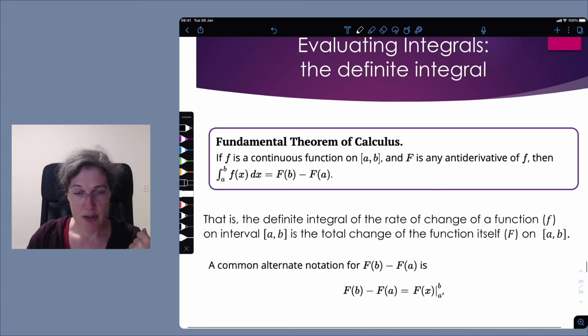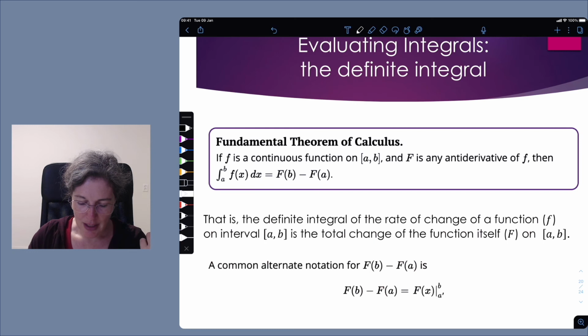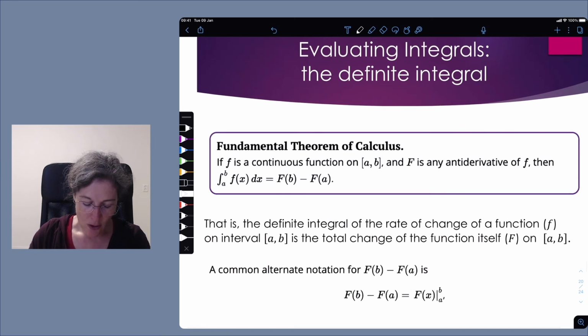Okay, so I promised that you wouldn't have to take the limits of infinite sums, which is delightful. How do we do that? Well, we have what's called the fundamental theorem of calculus, which links together the indefinite integral and antiderivatives and the definite integral. Suppose we have some continuous function on an interval a to b, and we have our function's antiderivative.